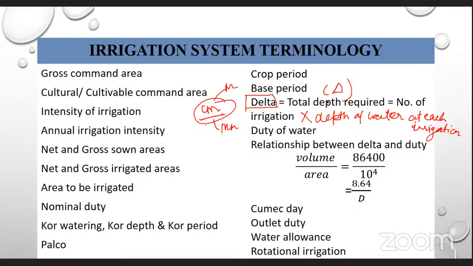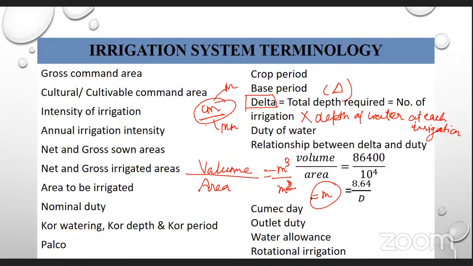Okay, looking in detail, delta is actually the volume of water we provide to the crop during its whole base period, meaning from the first irrigation to the last irrigation, divided by the area of that crop. Since the volume will be in meter cube and the area in meter square, your answer will be in meters.